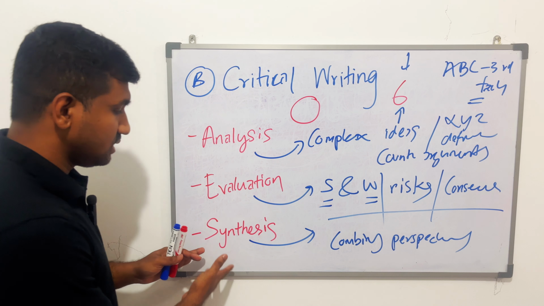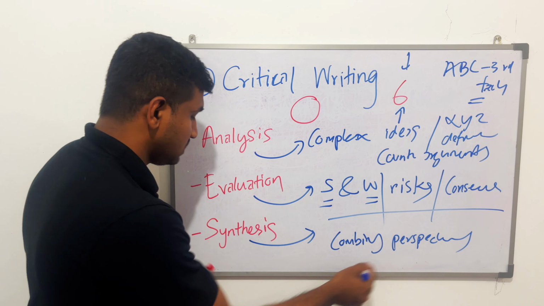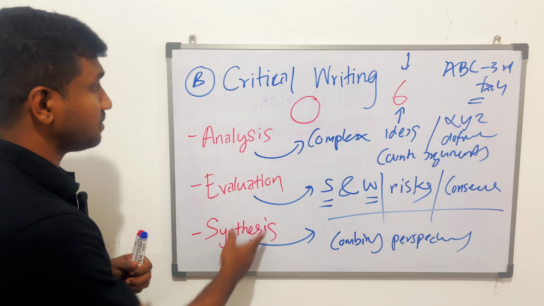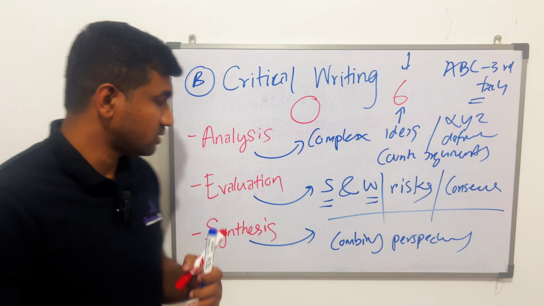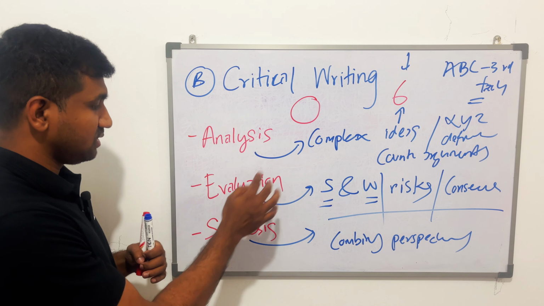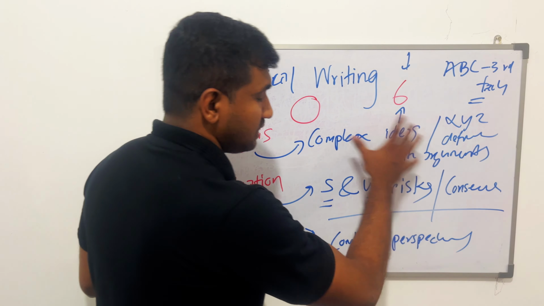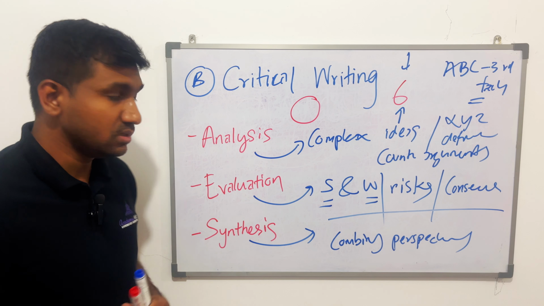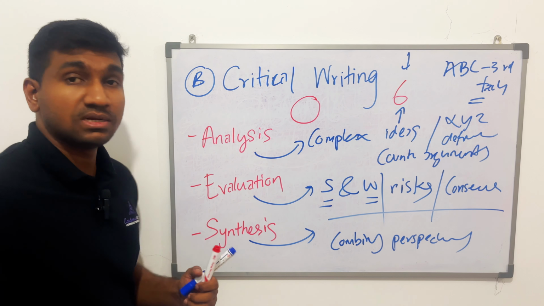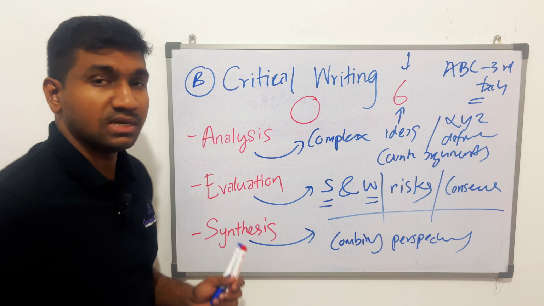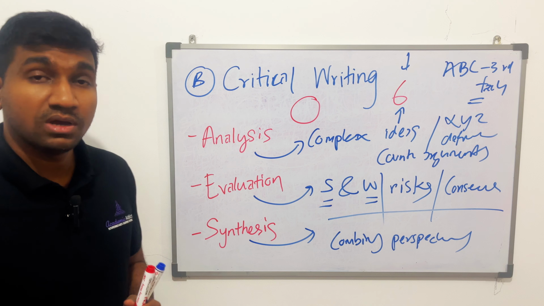You are analyzing and combining those. When you combine those things, it is part of your synthesis, and synthesis is part of your critical writing. So now we have discussed analysis, evaluation, and synthesis. When you do something like this in your assignment and cover these areas, it comes under the critical writing part.